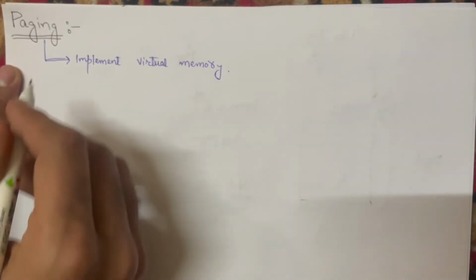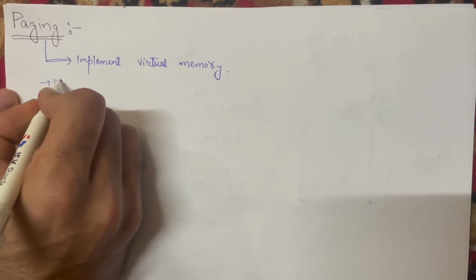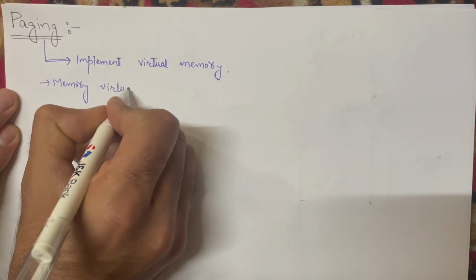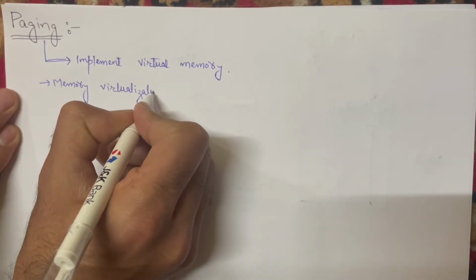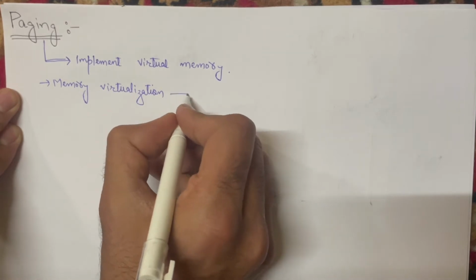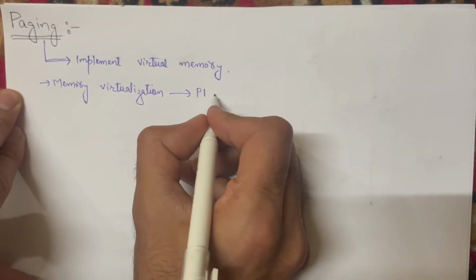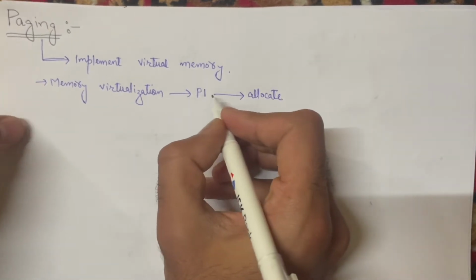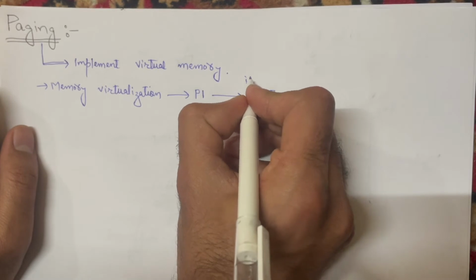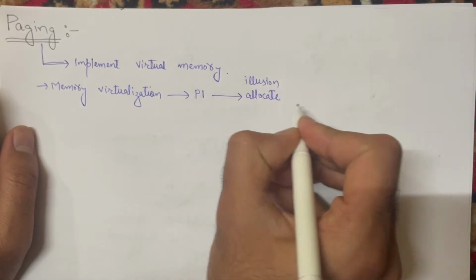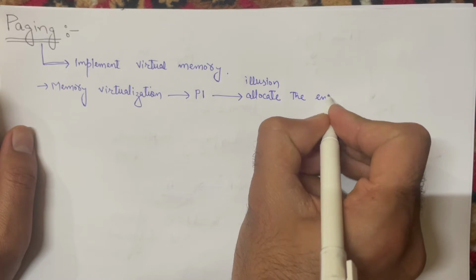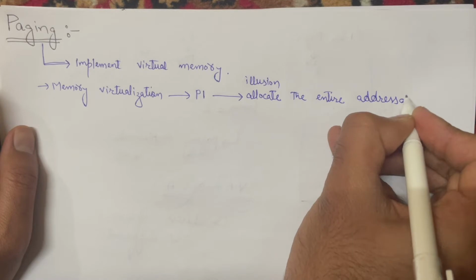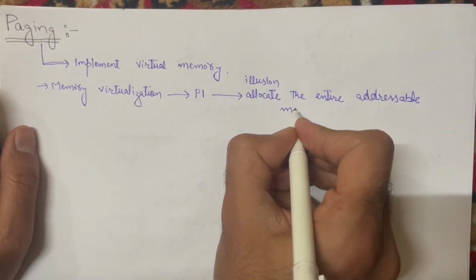We already know that in memory virtualization, when a process is allocated memory, it is given an illusion of being allocated the entire addressable memory.